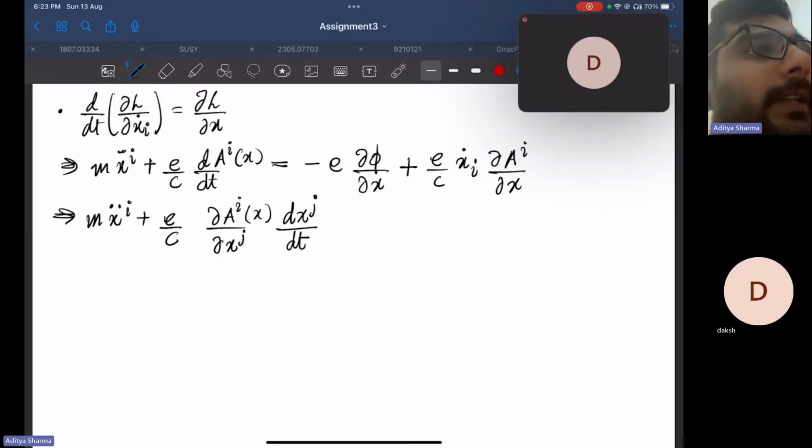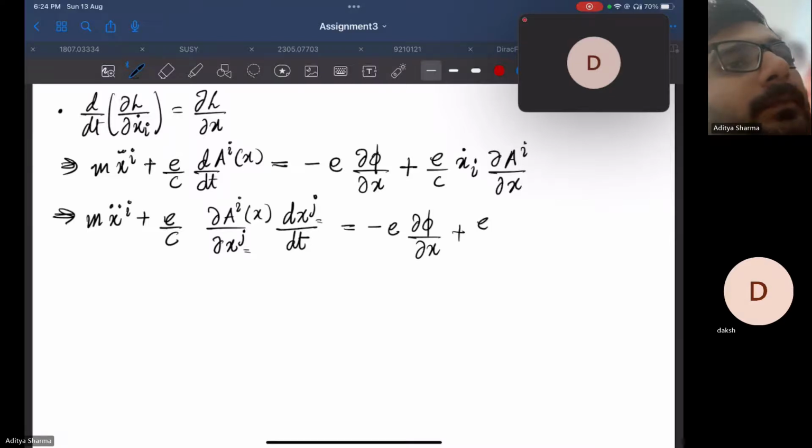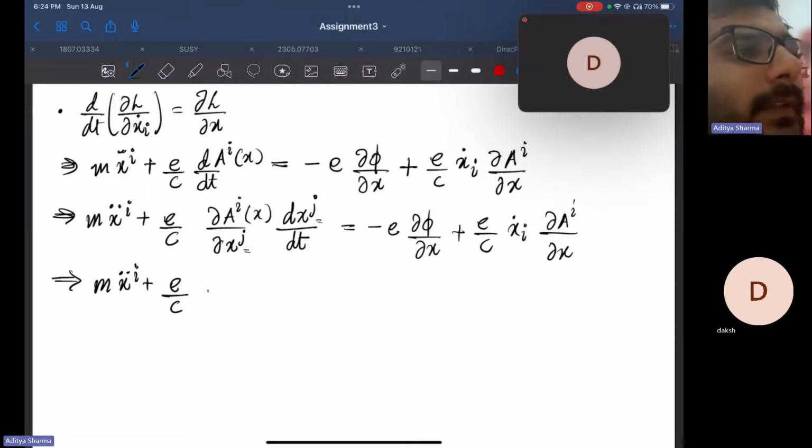Where I've written j like this, right? It means that they are being summed over. So this is x dot j dou A_j by dou x_i.